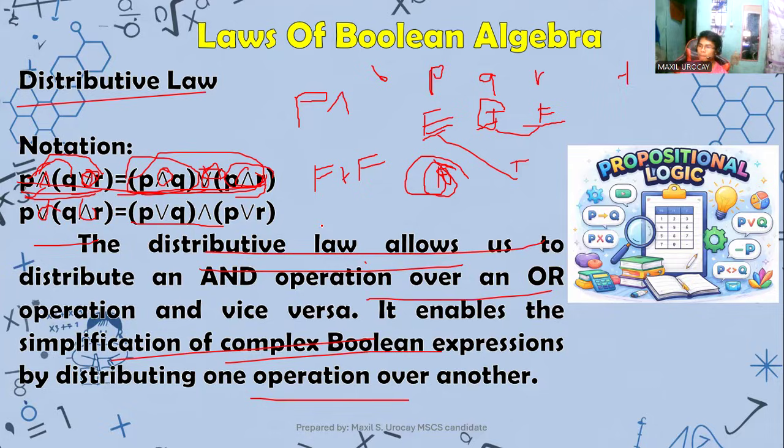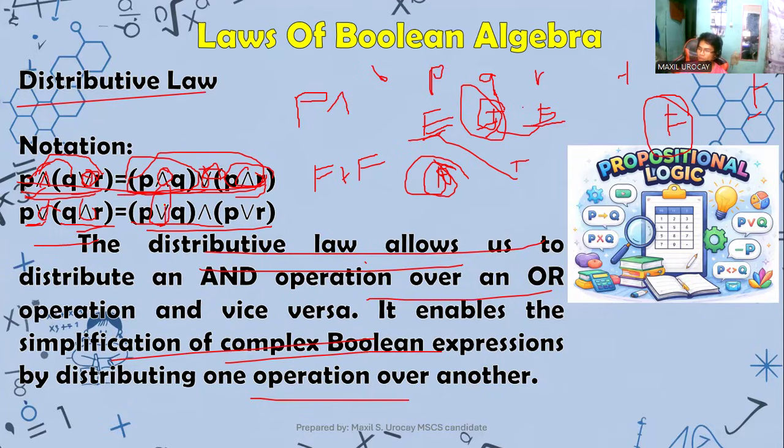Now, for P or Q and R it will be the same thing. But for example, we have Q and R here. Q and R, we have true times false, that is false. Or, that is plus, false plus P, that is false, that is still false. Let's try to see if the answer for this here will be false.